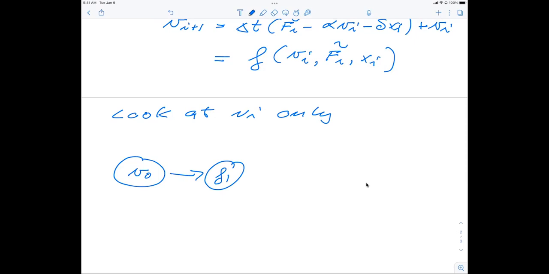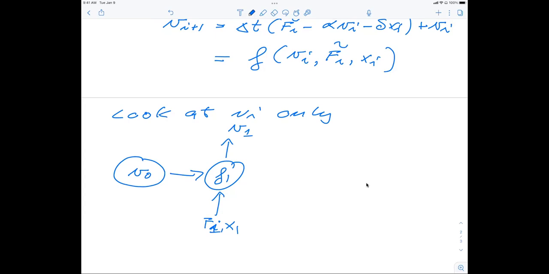So this feeds out a value, and I'm just going to write it like this, v of 1. So that's the next value. And then it receives as an input this f of i, and this is f of 1 and x1. That is the input to this specific function.